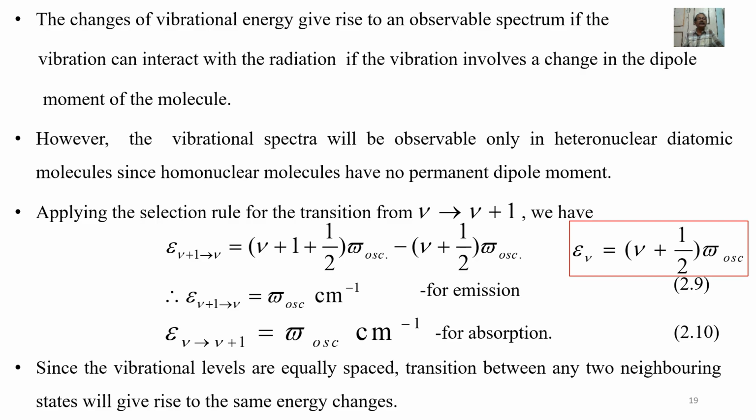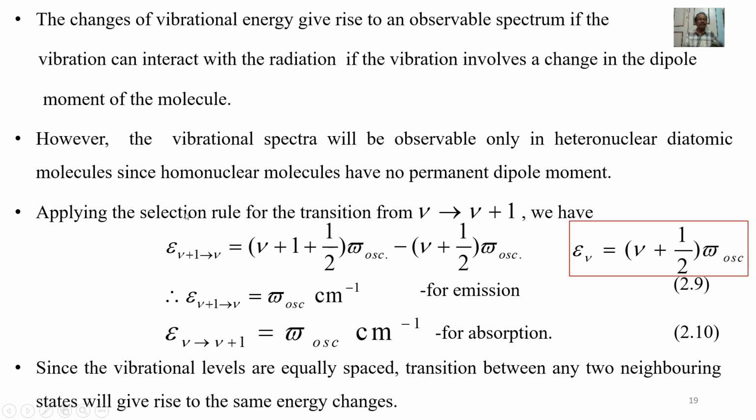The changes of vibration energy give rise to an observable spectrum if the vibration can interact with the radiation, if the vibration involves a change in the dipole moment of the molecule. However, the vibration spectra will be observable only in the heteronuclear diatomic molecules, since homonuclear molecules have no permanent dipole moment.